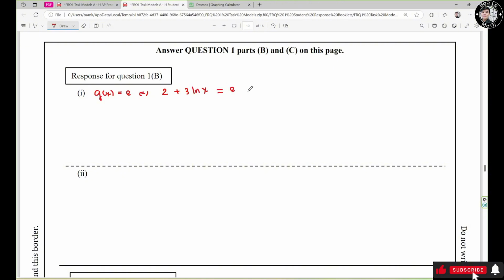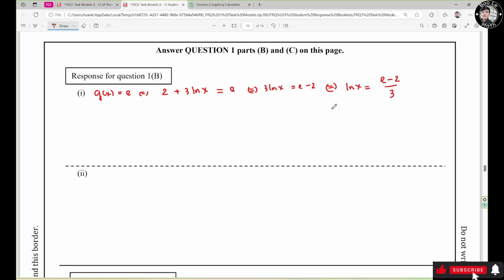Now we need to subtract 2 from both sides, so it becomes 3 natural log of s equals e minus 2, right? Divide both sides by 3, so you have natural log of s equals (e minus 2) over 3, right?